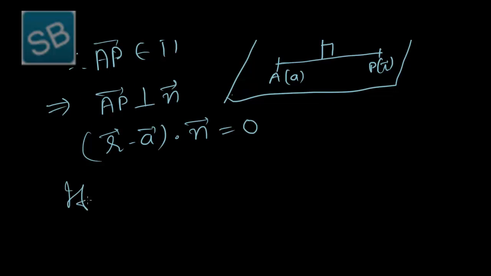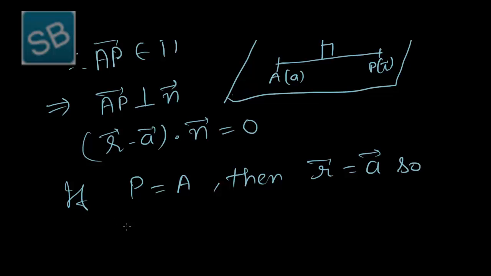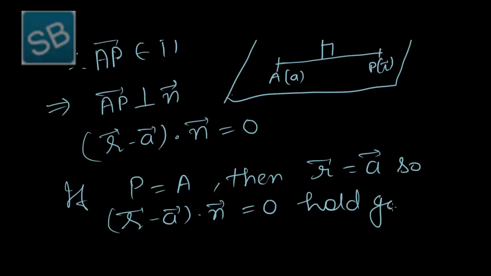And if P is equal to A, then vector r is equal to a. So r minus a dot n is also equal to 0. That holds good.